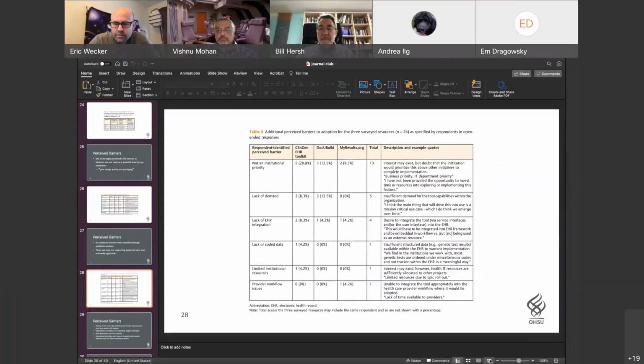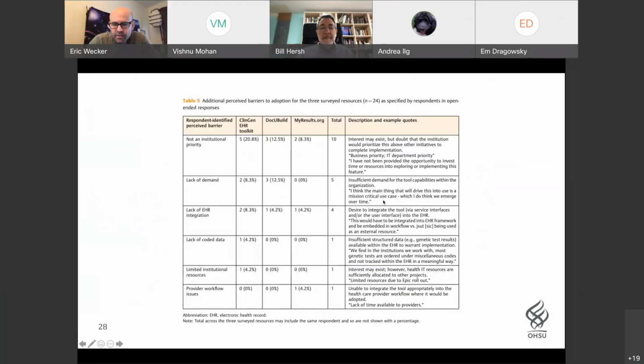So yeah, the mission critical use case, basically, as this stuff is useful and as it's expected to be needed, there's going to be a clear use case which will probably address lack of demand for this stuff, and that's going to take time.